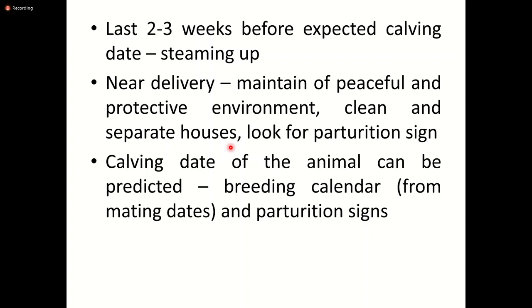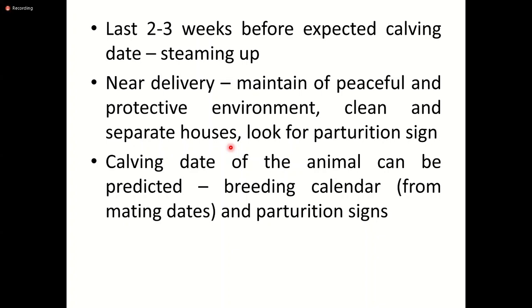So we usually can predict the day of calving, right? Like humans, okay, this is the expected date of delivery. It is not precisely correct all the time, but you can predict it, right? Most of the time we can predict it without any issue, right?